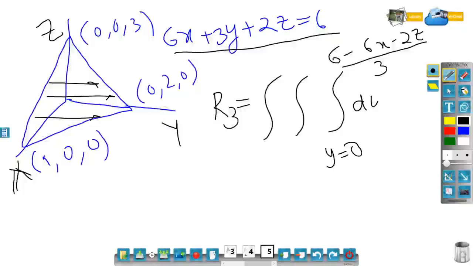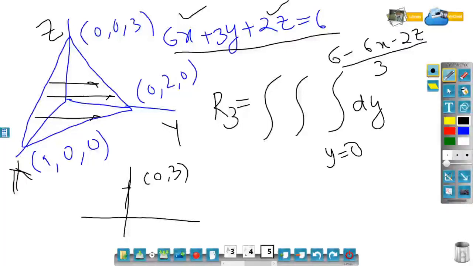And the projection will be on the xz plane, so y is equal to 0 basically. So 6x plus 2z equal to 6. So I'll have 0, 3, and this is 1, 0. Now this is my x-axis, this is my z-axis, and a line like this and a triangle. So this is what my region is.